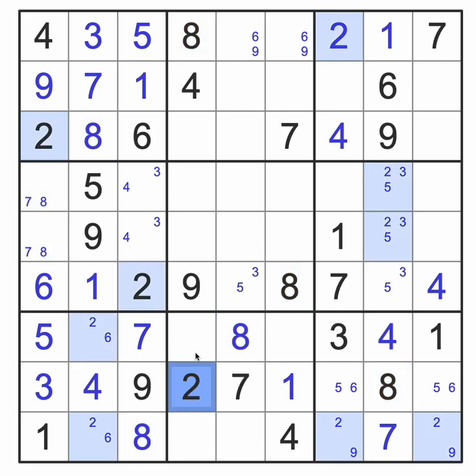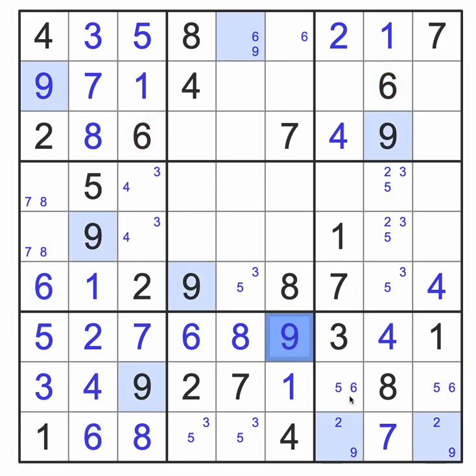And 2 blocks these. Gives me 2 here and 6 here. Now that leaves me with 3 and 5 for these 2 cells. And these will be 6 and 9. 9 is here, so this is 6 and this is 9.